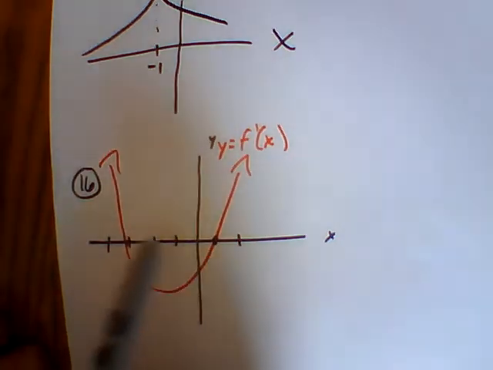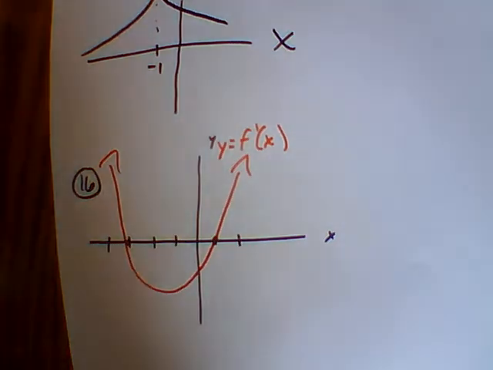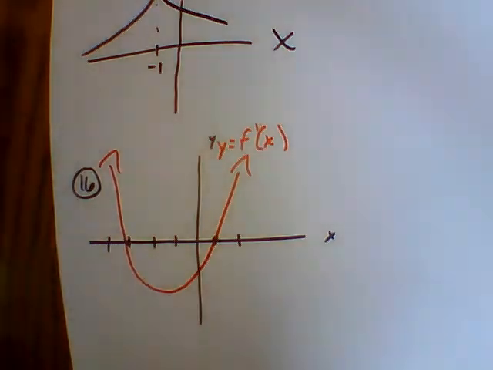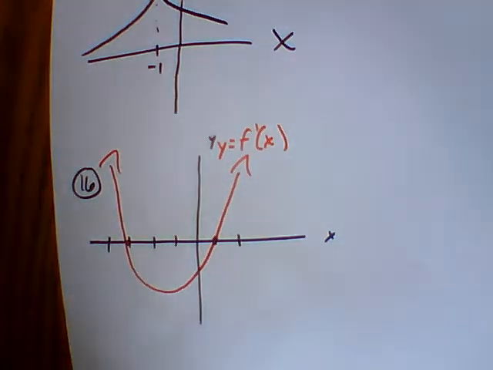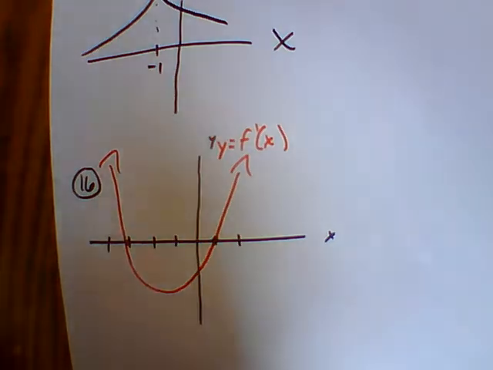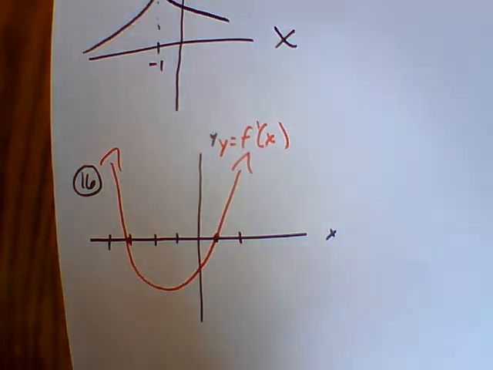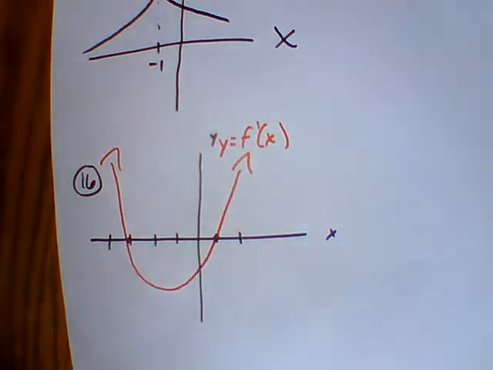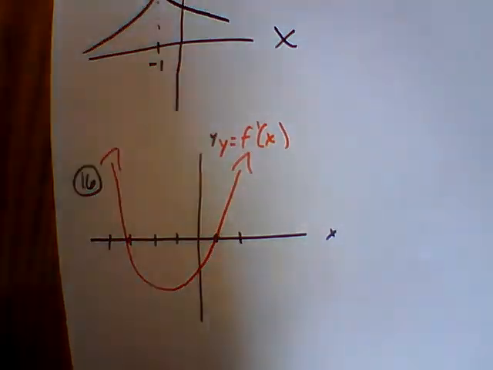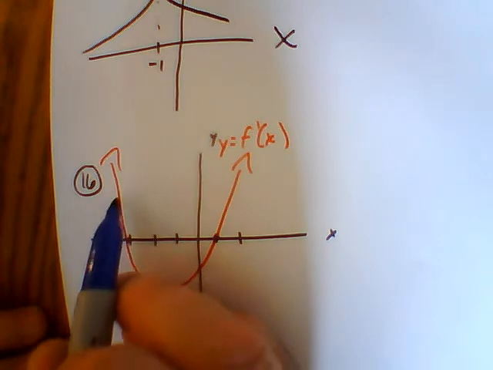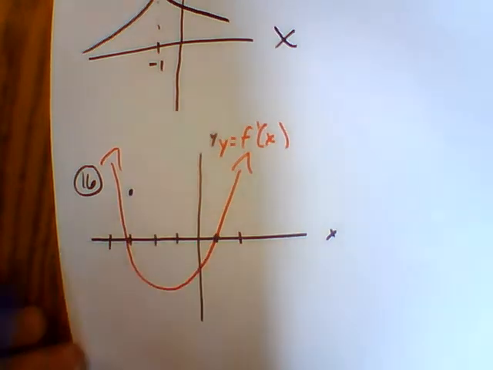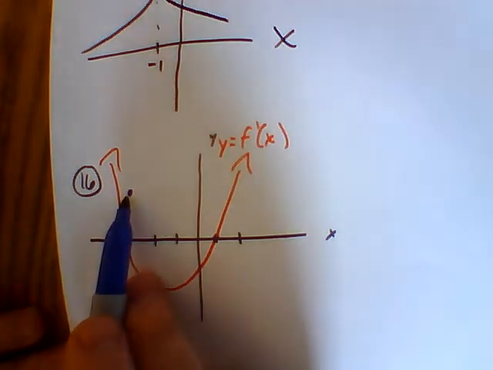So when we see these slopes of 0, we're talking about local maximums and local minimums that could be going on in here. And when we see decreasing or a negative slope, that means we're going to be going down our original graph, and then here we're going to have a positive slope. When our slope is 0, I'm going to relate right here, because this would be a local maximum.